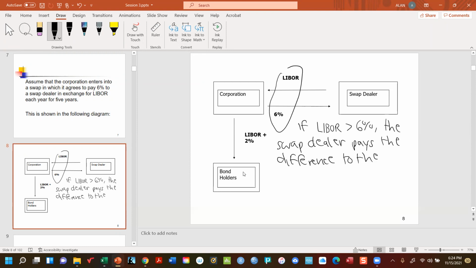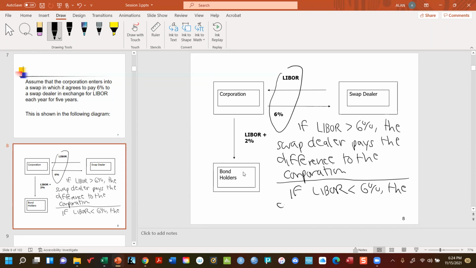So if the difference is 1%, it would be 1% of $100 million or $1 million. On the other hand, of course, if the LIBOR is less than 6%, the corporation pays the difference to the dealer.